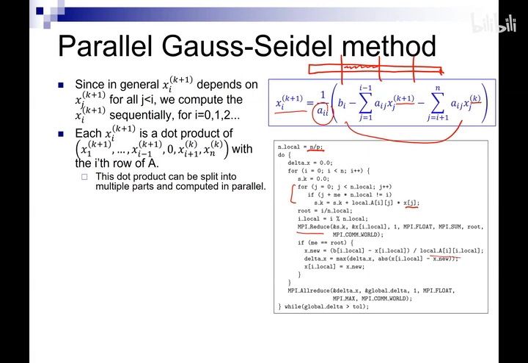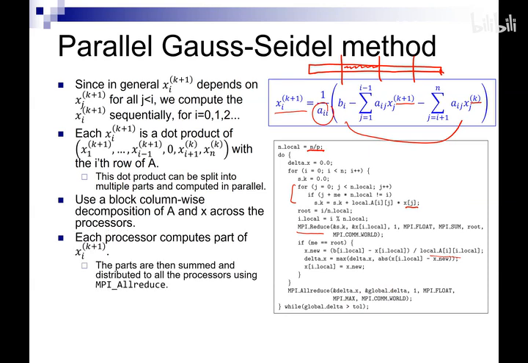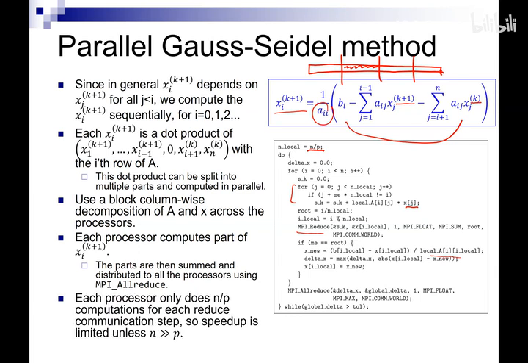If this global delta is large, then we're going to keep iterating because we haven't converged yet. Otherwise, if global delta is less than this tolerance, then we're going to converge. So that is basically what we're doing.